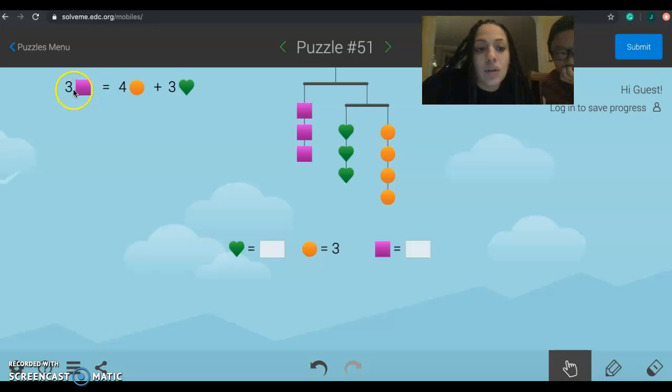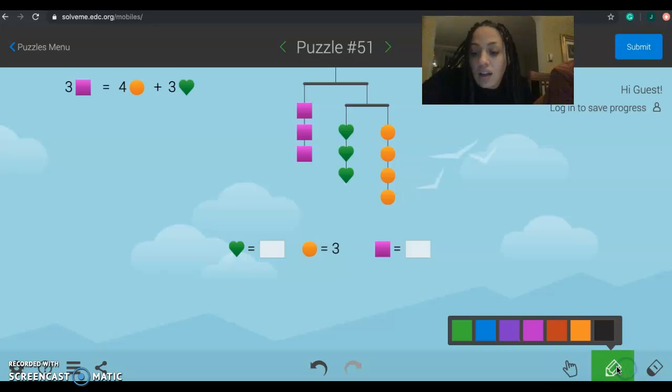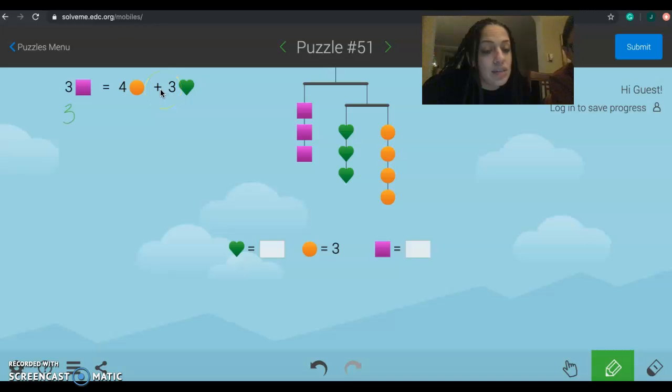Let's pull this out. We have 3 squares equals 4 circles and 3 hearts. And we know the value of the circles. So I'm going to write this out in an algebraic way. It's already in an algebraic way using symbols, but let's use algebraic expressions or letters.